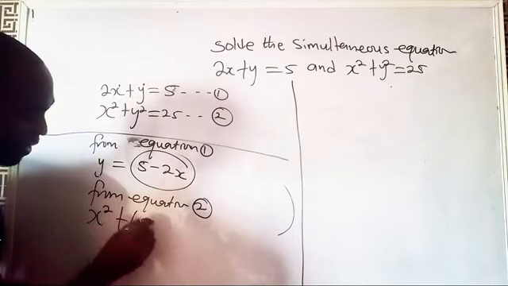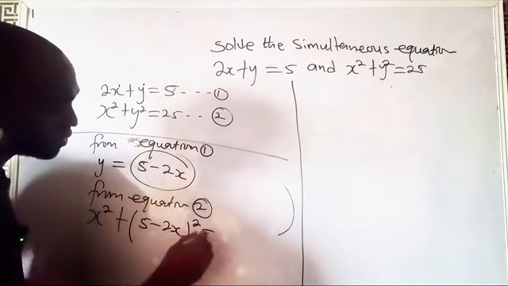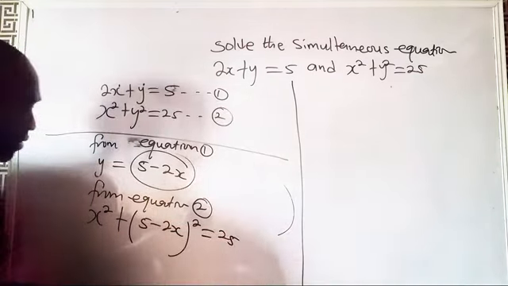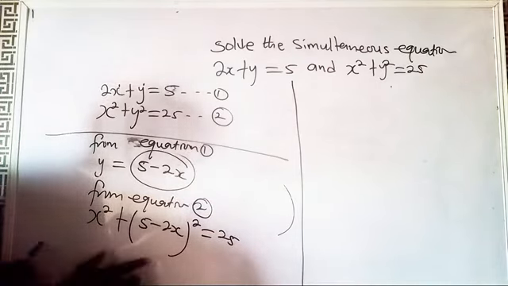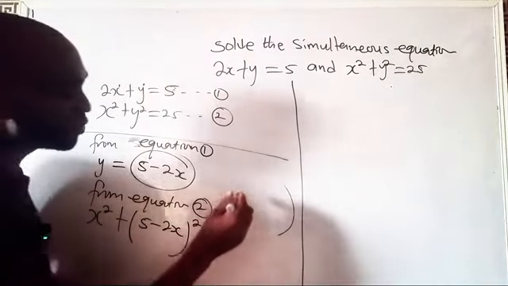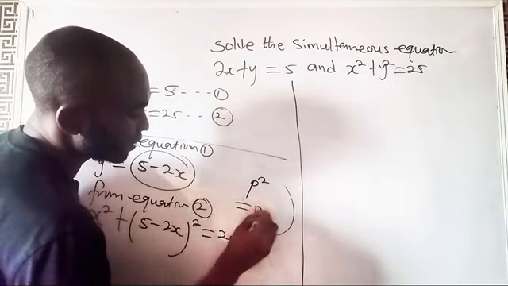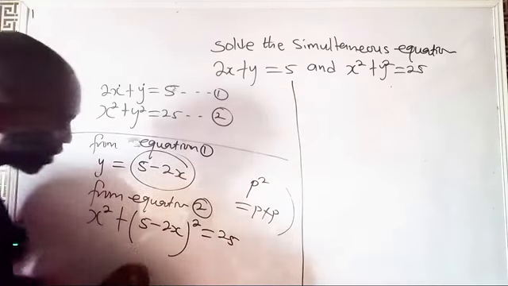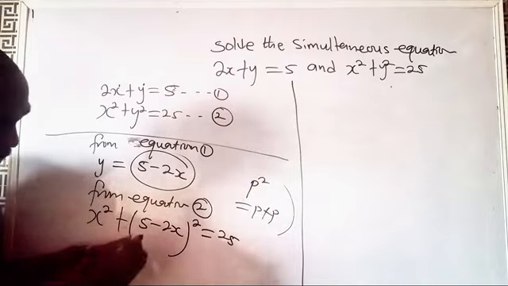So that will be 5 minus 2x all squared is equal to 25. So here, that shows that we have 2 of these brackets, because square means, assuming you have p squared, that is the same thing as p times what? P. So whenever you have this kind of expression, that shows that you have 2 of these brackets.